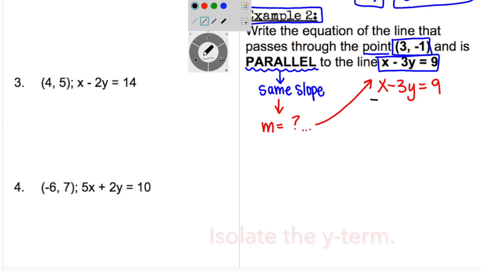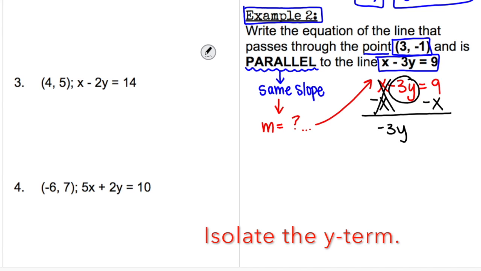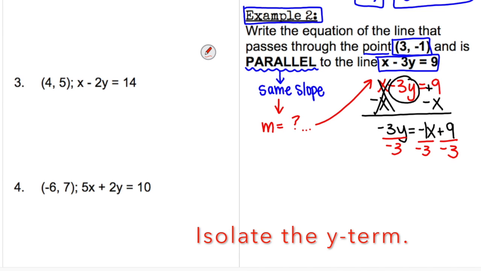The first step, we need to isolate the y term to get it into slope-intercept form. So we're going to take x away from both sides. So we have -3y left over on the left side, and that is equal to -x or -1x. And then we still have that +9 on the right side. We still need to isolate the y term, so we're going to divide everything by -3 to undo that coefficient.